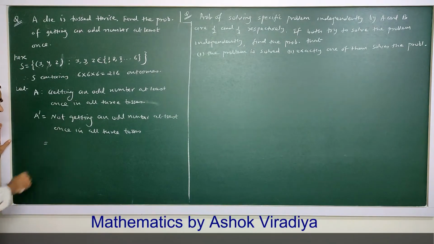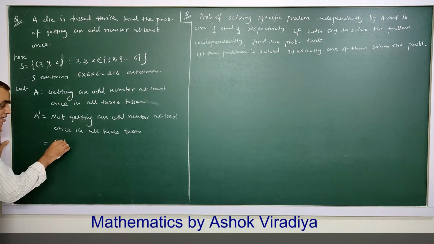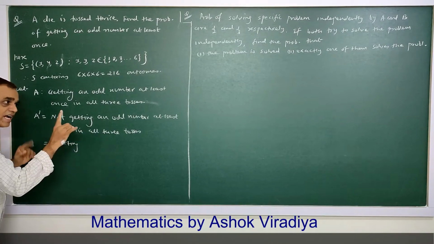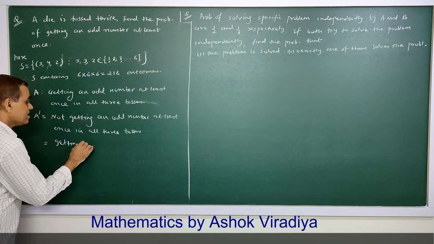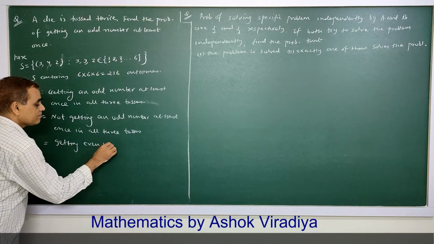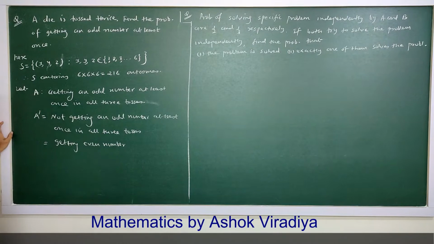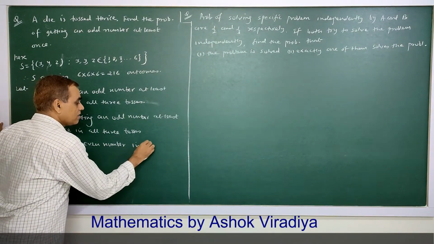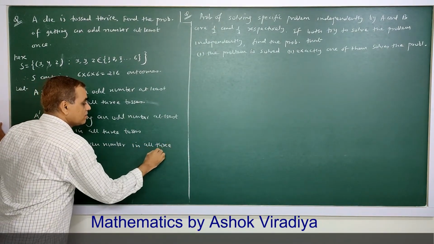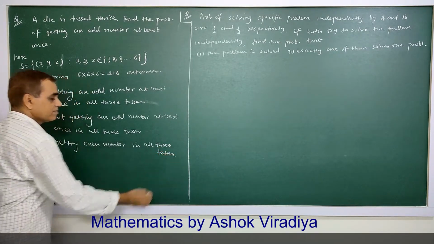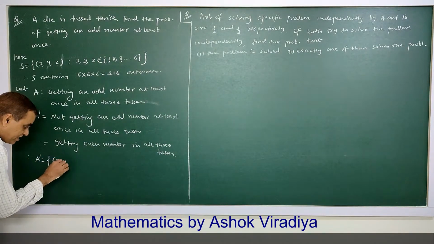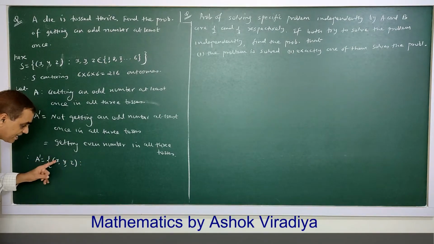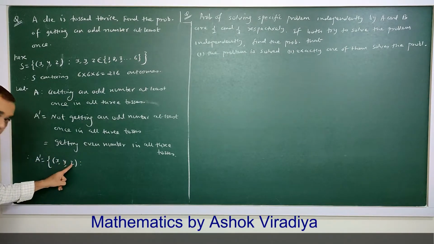So it means getting an even number in all 3 tosses. That means A dash can be defined as the set of triplets where x is even, y is even, z is even.